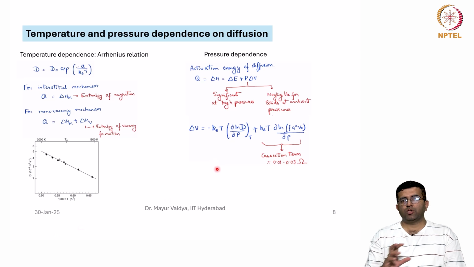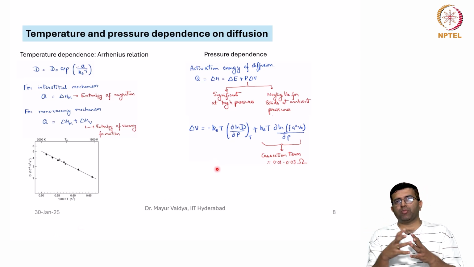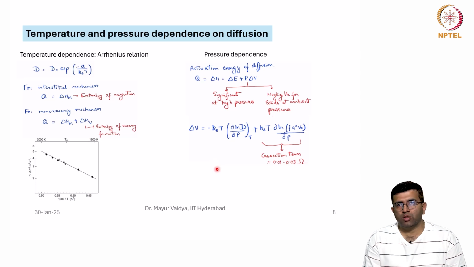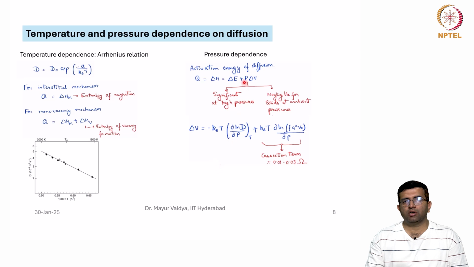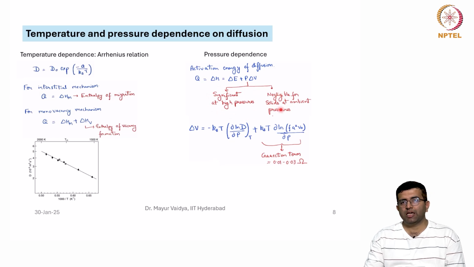Then when we talked about the pressure dependence, we saw that it gives rise to what is known as the activation volume, because delta H is equal to delta E plus P delta V. This is significant at high pressures, but the effect is very small for solids at ambient pressures.